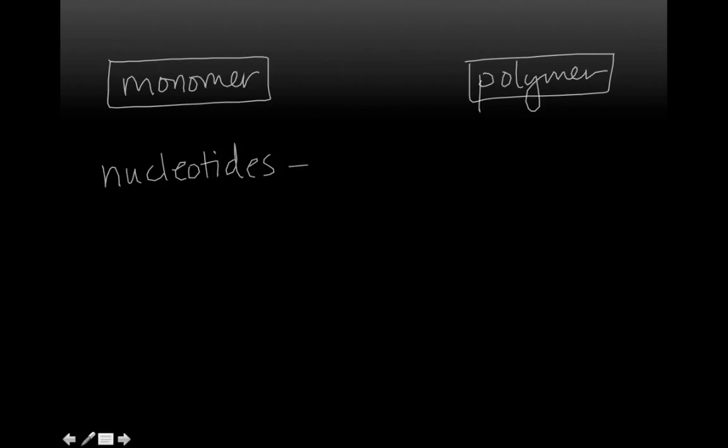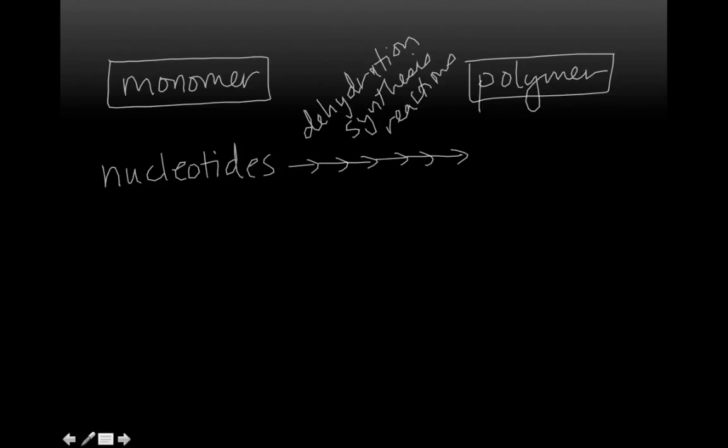If we have several thousand, or in the case of DNA, several million dehydration synthesis reactions, we can build the polymer, which is called a polynucleotide.